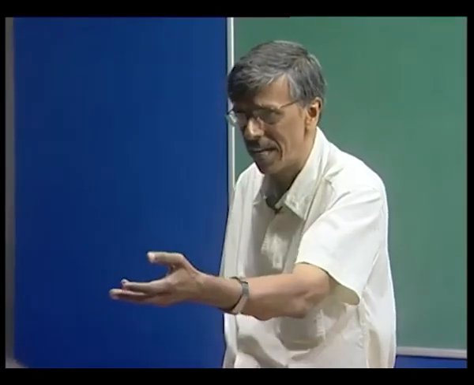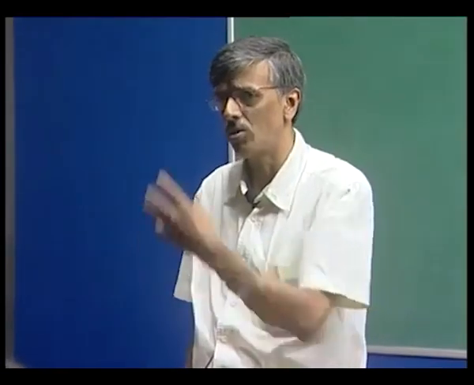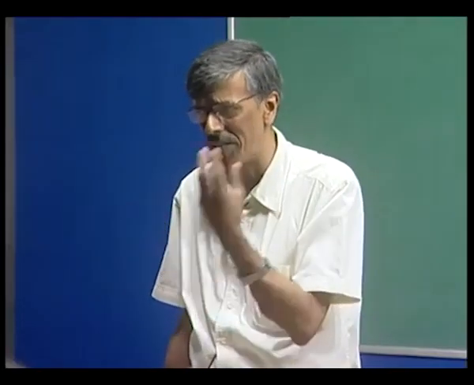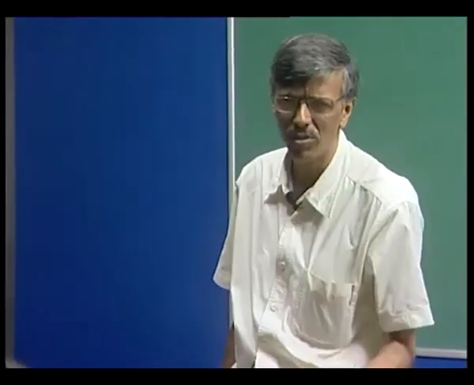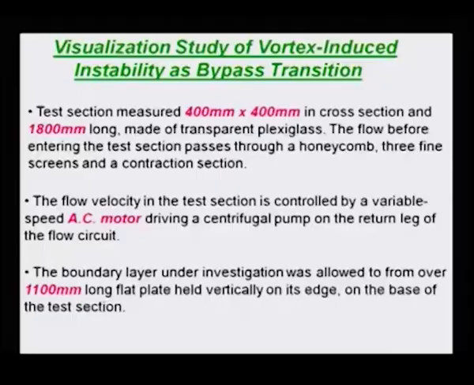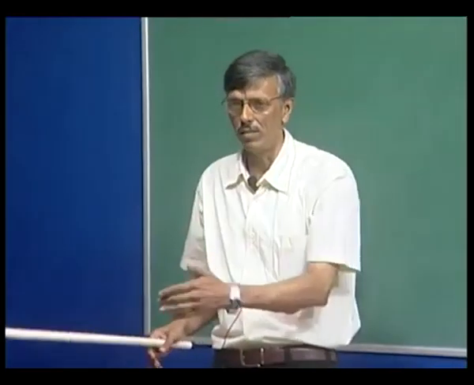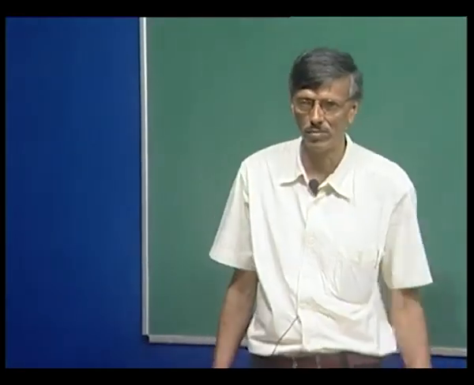You keep it on the return leg, and then you have the contraction cone, the screens, and the honeycomb. By the time the flow enters the test section, it's absolutely quiet. And the plate that we took was about 110 centimeter long. If this is the channel, we kept the plate vertical so that from the side we could take pictures.